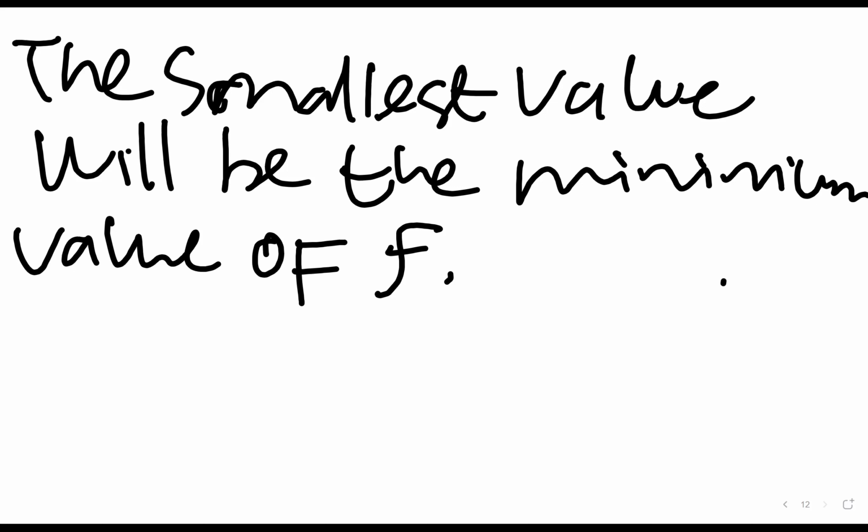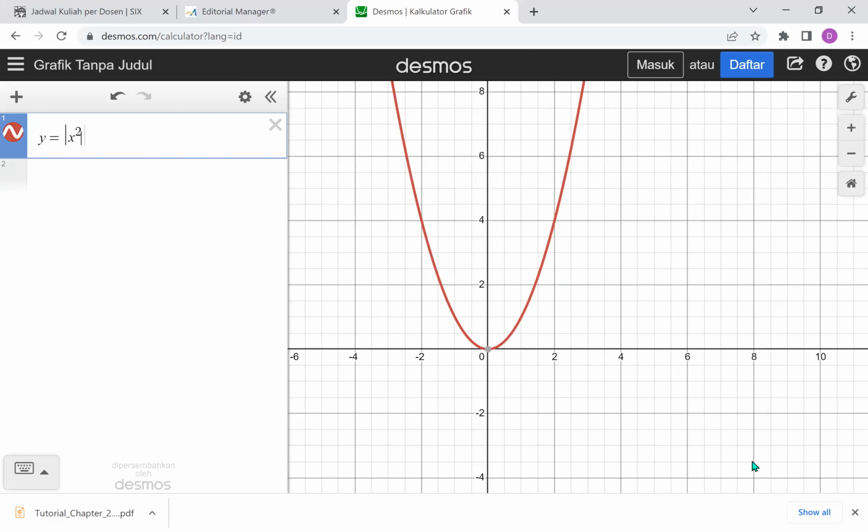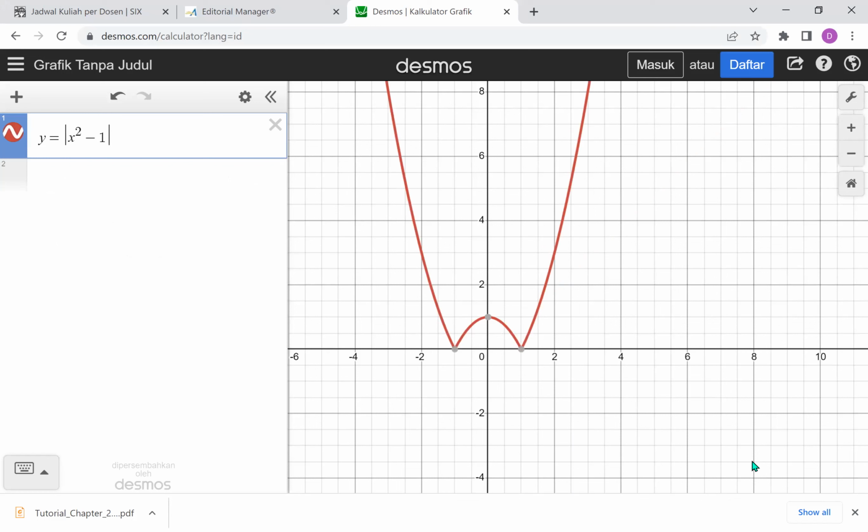So let us consider the example. For example, the function is the absolute value of x squared minus 1, and I want to consider the interval from -2 to 2.